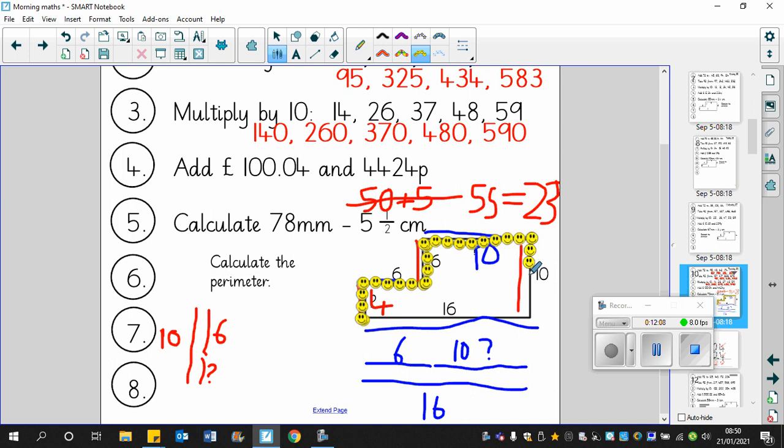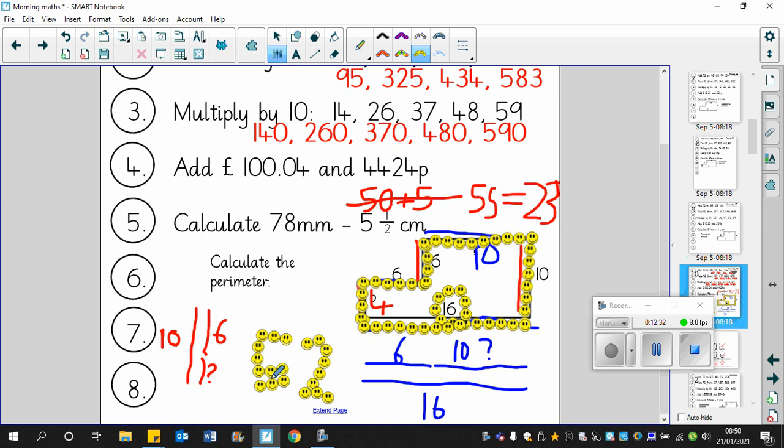Add another 10 is 36, and then add 16. 36 add 16 is 52.